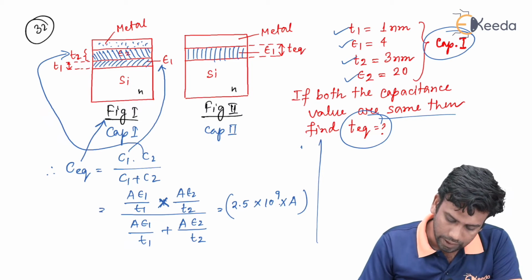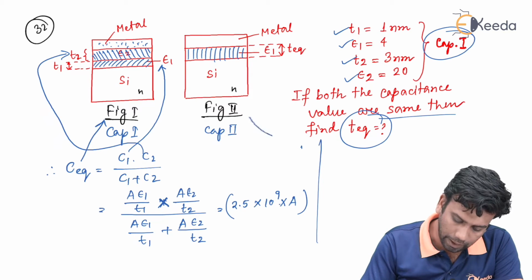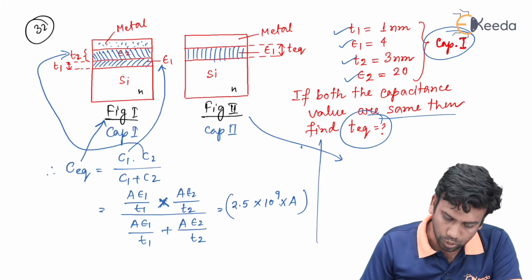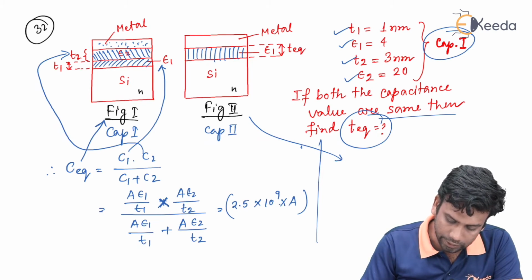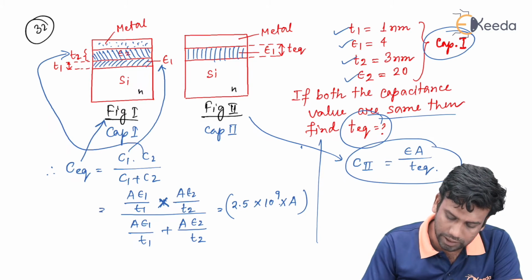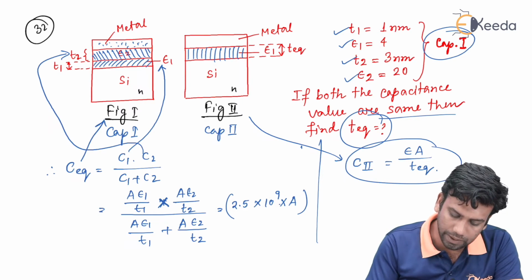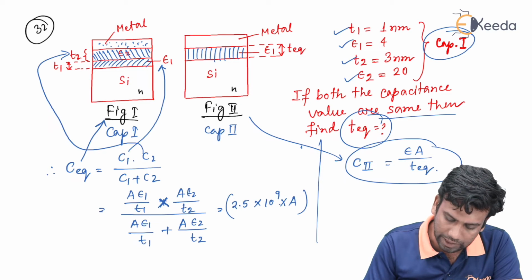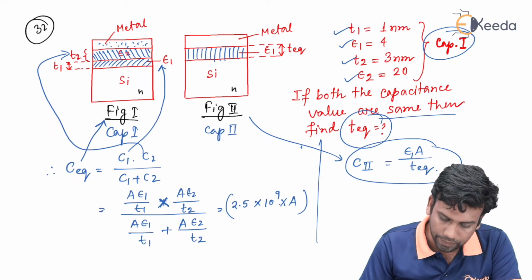Now if we find the capacitance of figure 2, it will be epsilon A by T equivalent, and this epsilon value is epsilon 1.